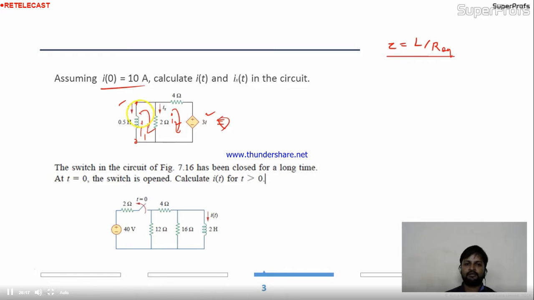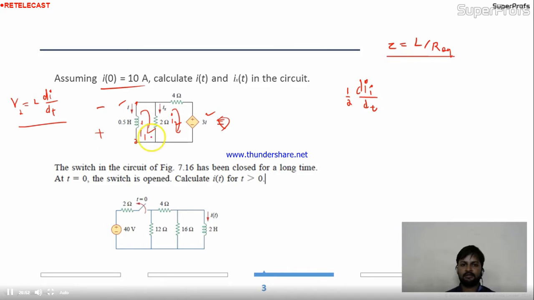If I apply KVL here, VL equals L di/dt, which is the relation between current and voltage for the inductor. So we need the voltage here. The voltage is given as 1 by 2 di1/dt, correct? This is all about I1.